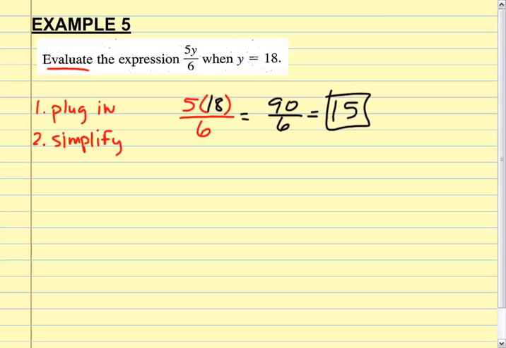There is another way you could do that one. I accidentally did 90 divided by 3, which gave you 30, and then 30 over 2, because you only divide that by 3 also, is 15 over 1.